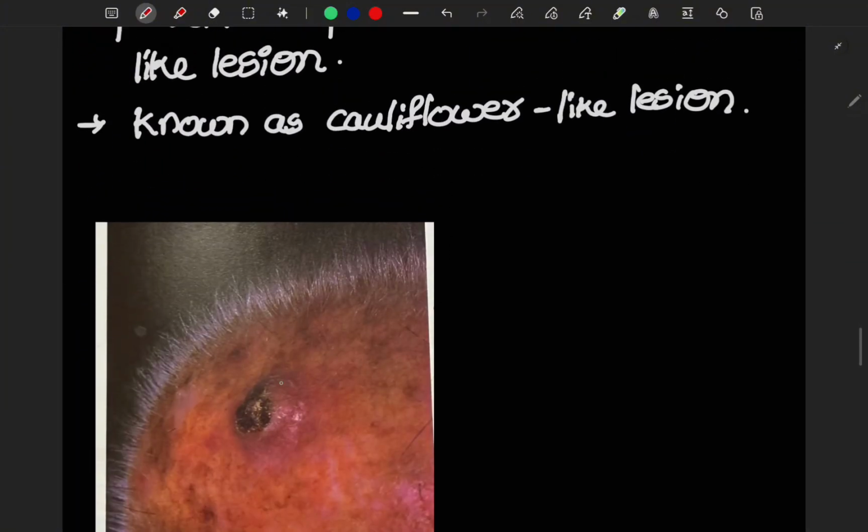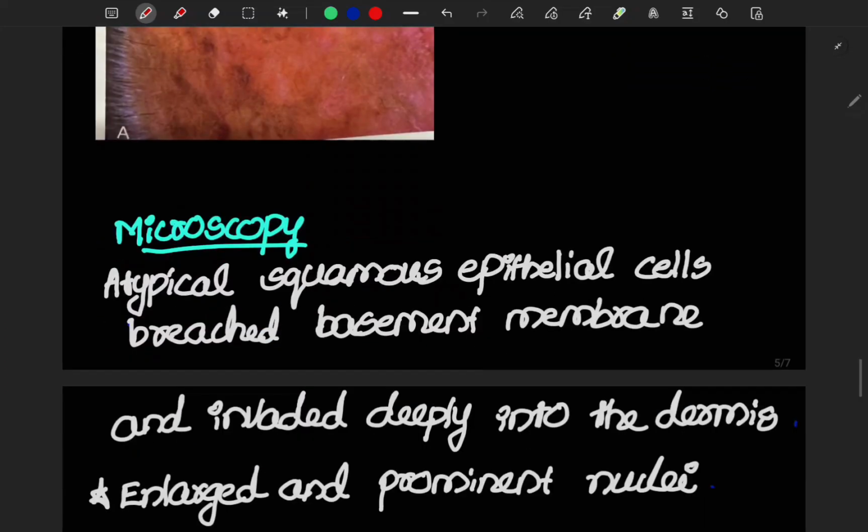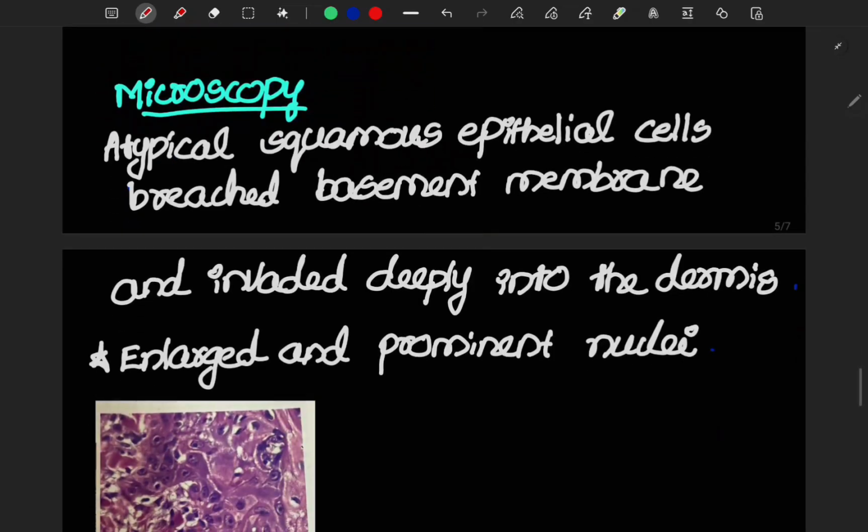This is the picture in which there is proliferation and ulceration, and in some books it is mentioned as a cauliflower-like lesion. Microscopically, as I have already said, atypical squamous epithelial cells have breached the basement membrane, as mentioned in Robbins, and invade deeply into the dermis, meaning there is a breach in the dermoepidermal junction.